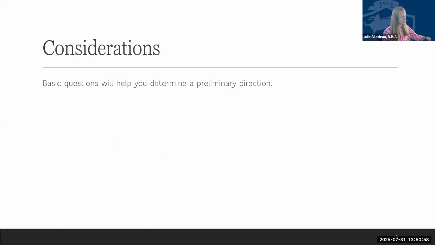All right, so considerations. So what is it that we are looking at? These are some basic questions that can help you determine a direction for your research. Some of you at this point already know what it is you want to do and you have your direction laid out, and that's terrific. Others of you could be at the polar end of that and really not even be sure yet.